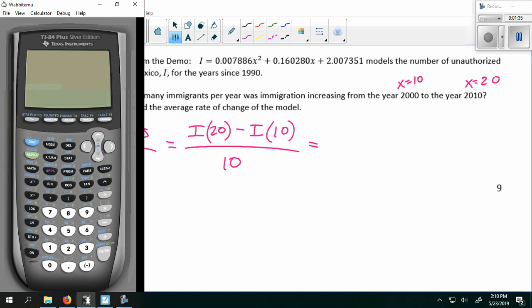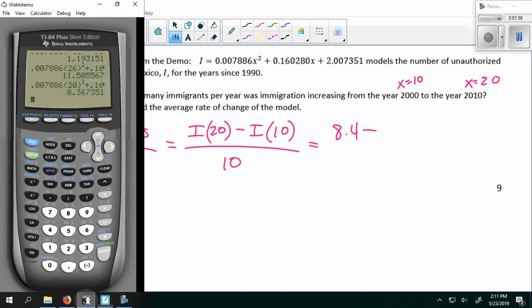I want my calculator. So I'm going to plug in a 20 where all these x's are. Okay, so just plugging a 20 in and I get 8.4 million.